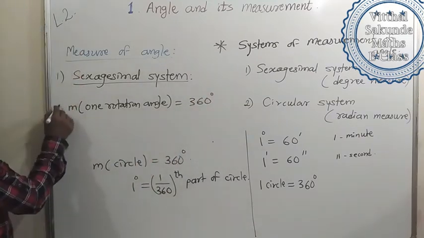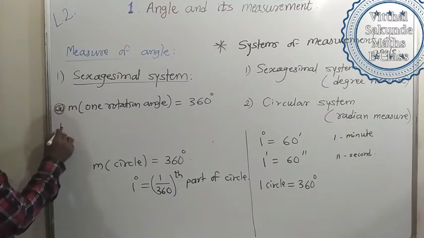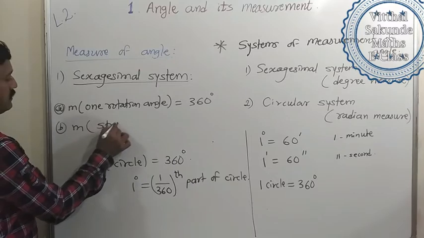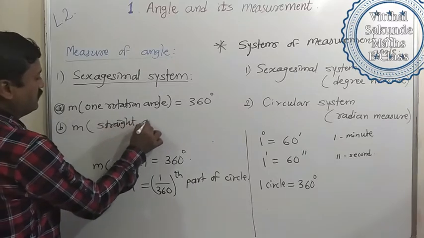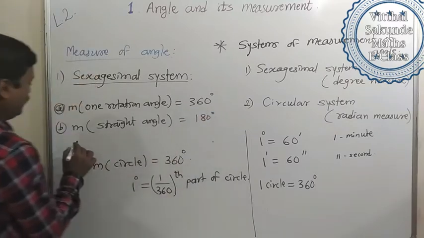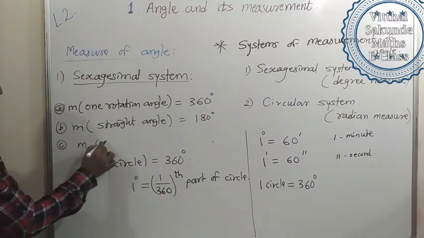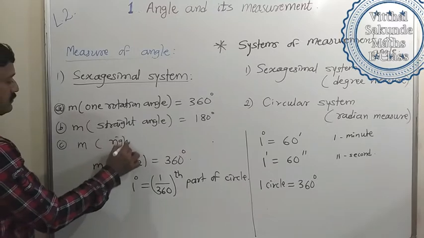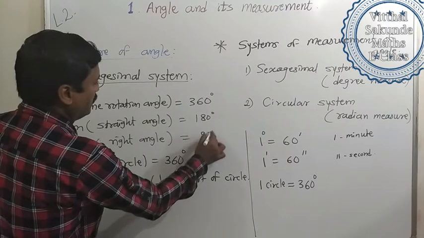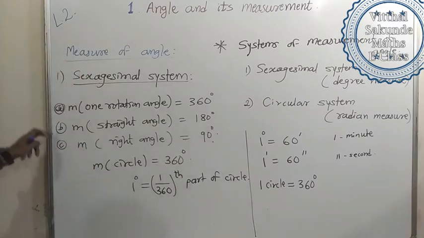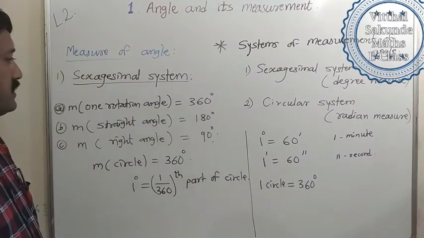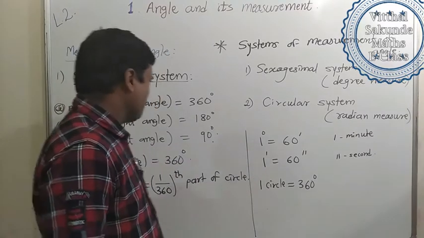In the same way, the measure of a straight angle is 180 degrees. And third, the measure of one right angle is equal to 90 degrees. These are three obvious results. So in this sexagesimal system, we will use these conversions.